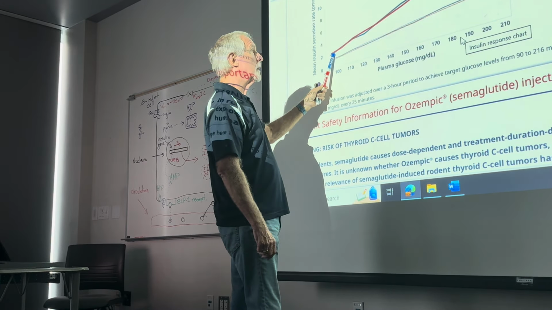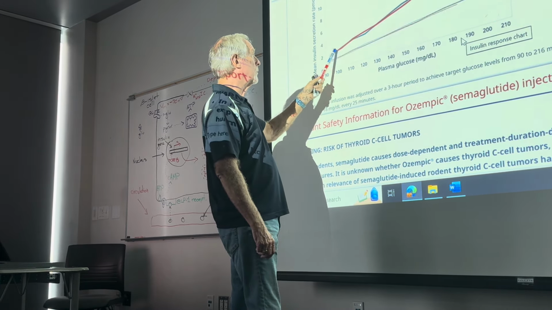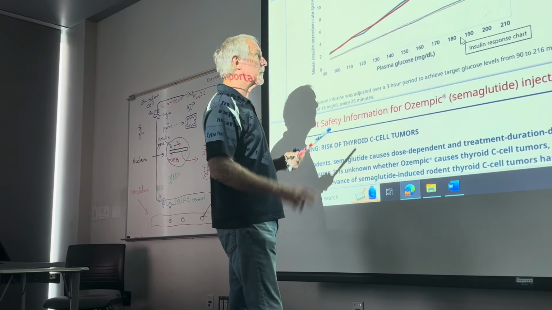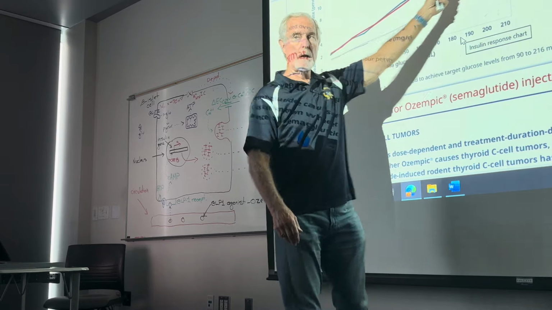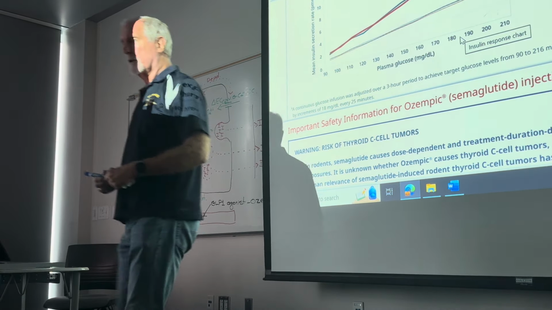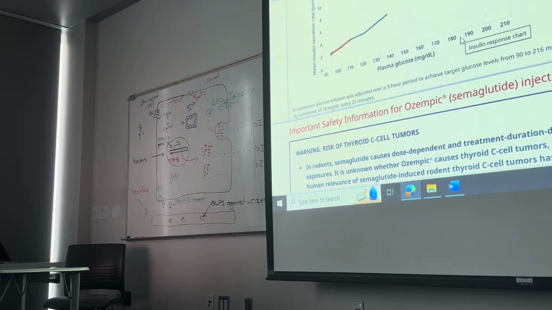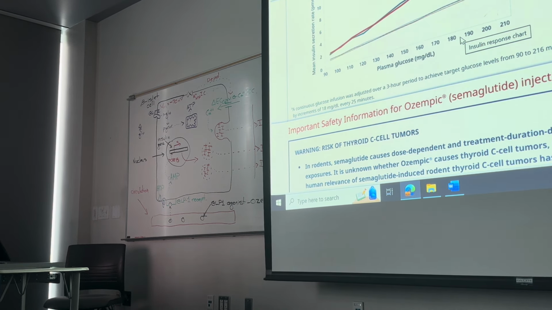You can see that the glucose response in the diabetic individuals taking Ozempic for 12 weeks is virtually identical to a healthy individual. That's pretty darn impressive. And remember, Ozempic was created to treat diabetic patients, not for weight loss. Weight loss is kind of an added benefit.